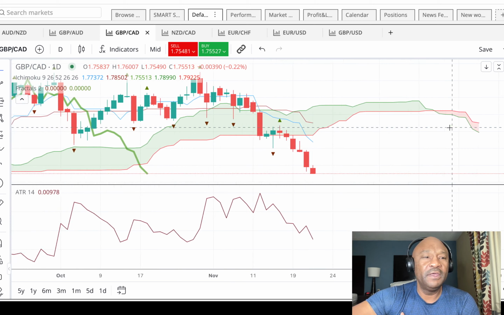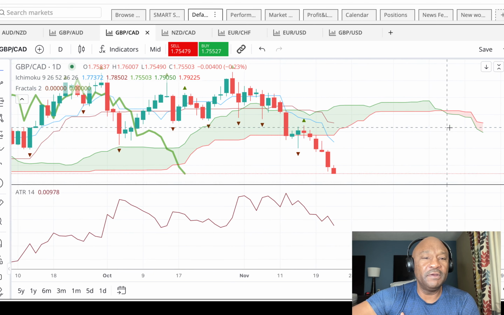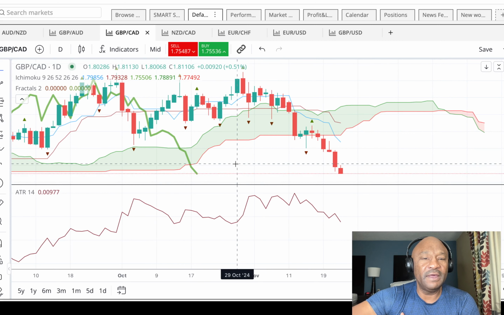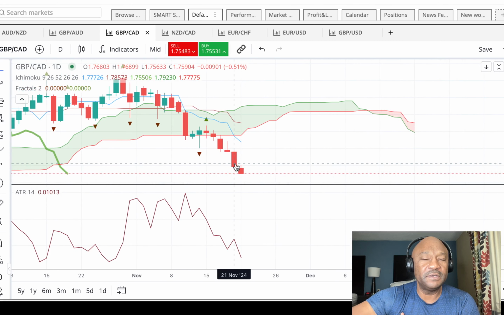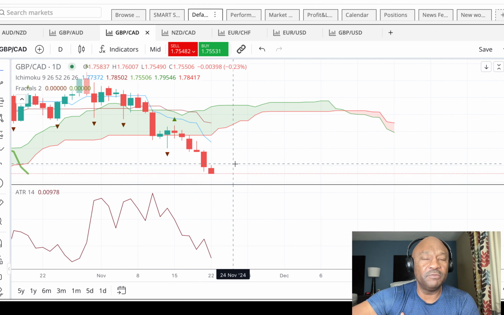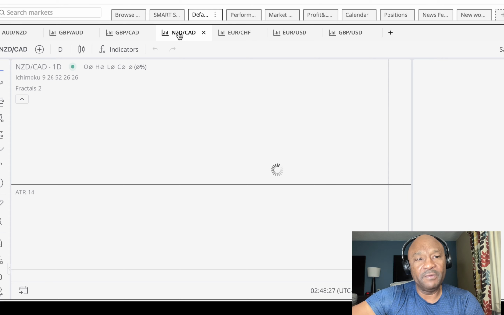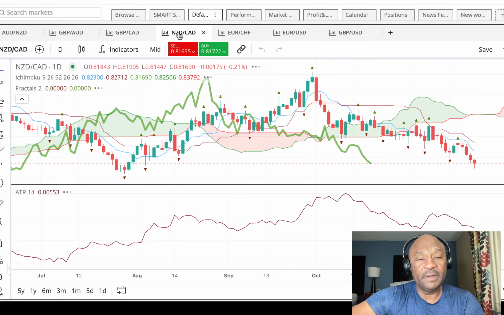Your lagging span is broken through the cloud as well. So this is a strengthening trend. The British pound is getting weak. Like I told you the other day, it looks like the pound and the euro are getting weak, so you might want to consider trading that or keep an eye on it.